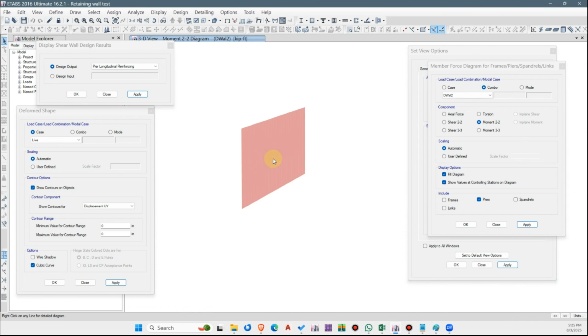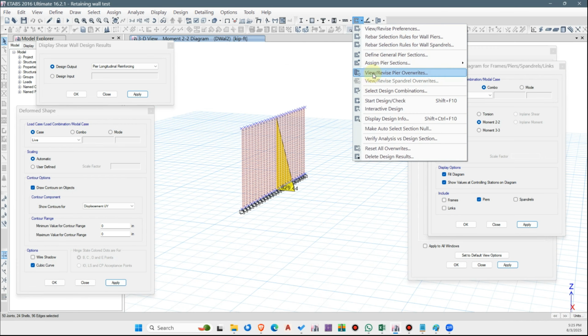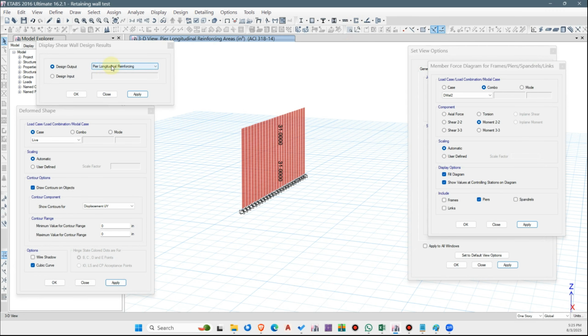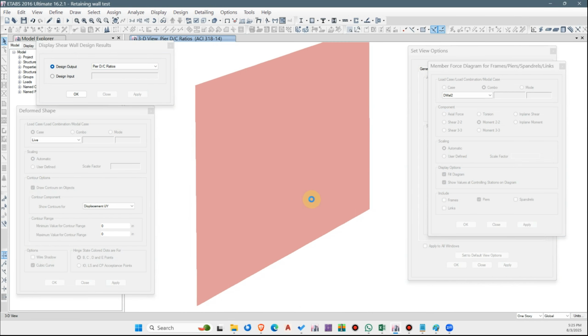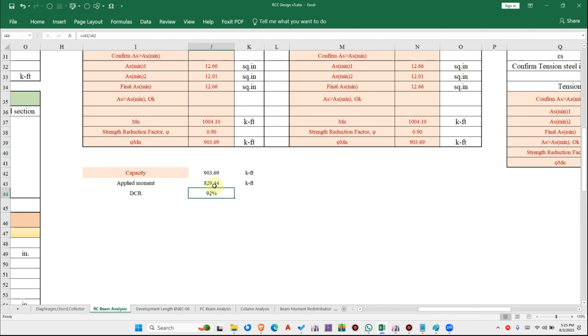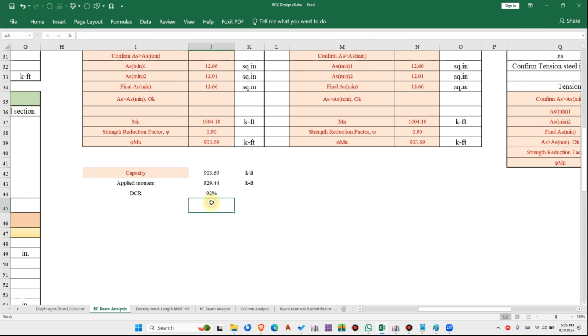Now, if we design this wall for the same reinforcement that we had chosen here, and then check the fire demand capacity ratio, the ratio is 89%, which is very close to this manually calculated 92%, and can be said that it is okay. 89% and 92%.